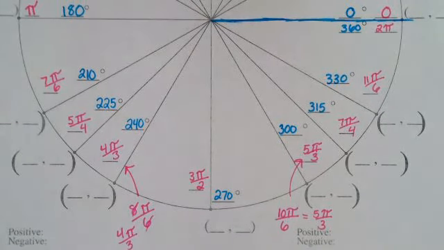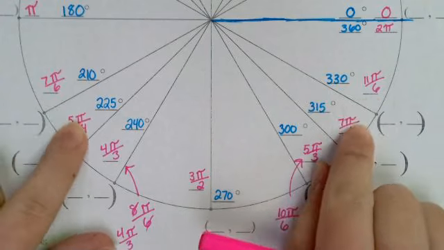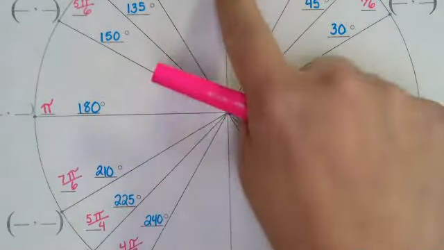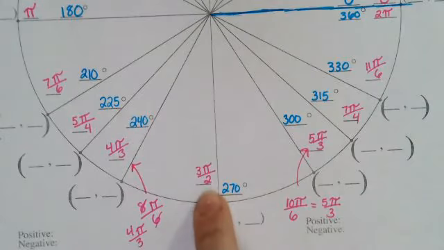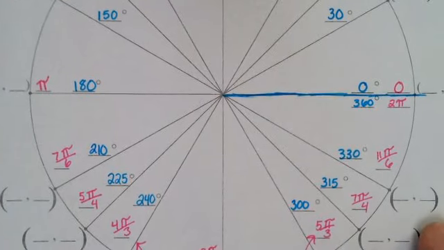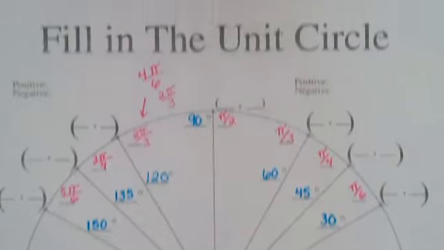Okay, so you're going to see some really cool patterns emerging in here. You see how these both have a denominator of 6. These both have 4 on the bottom. These both have 3 on the bottom, right? All of the ones that, like the 90 and that 270, they have a 2 on the bottom, right? You're going to see more as we start building this thing.